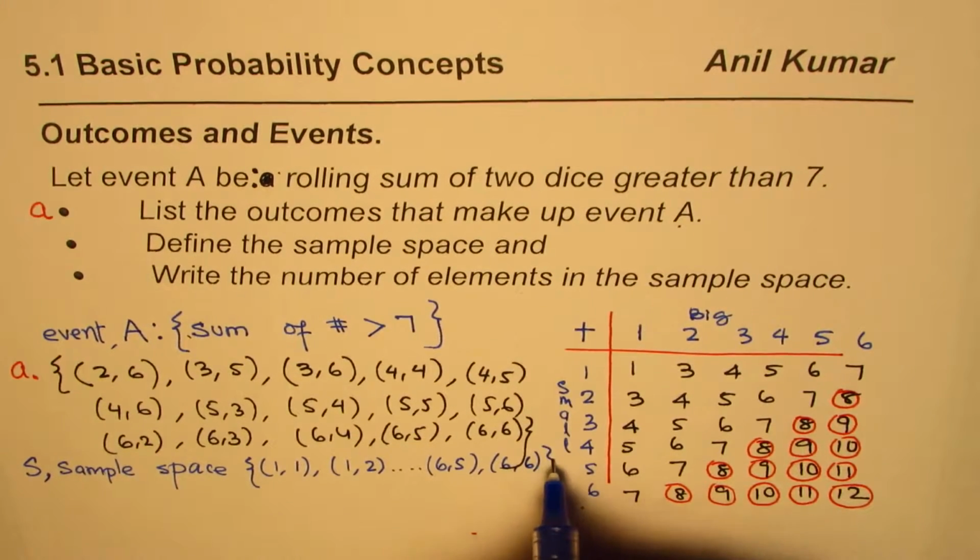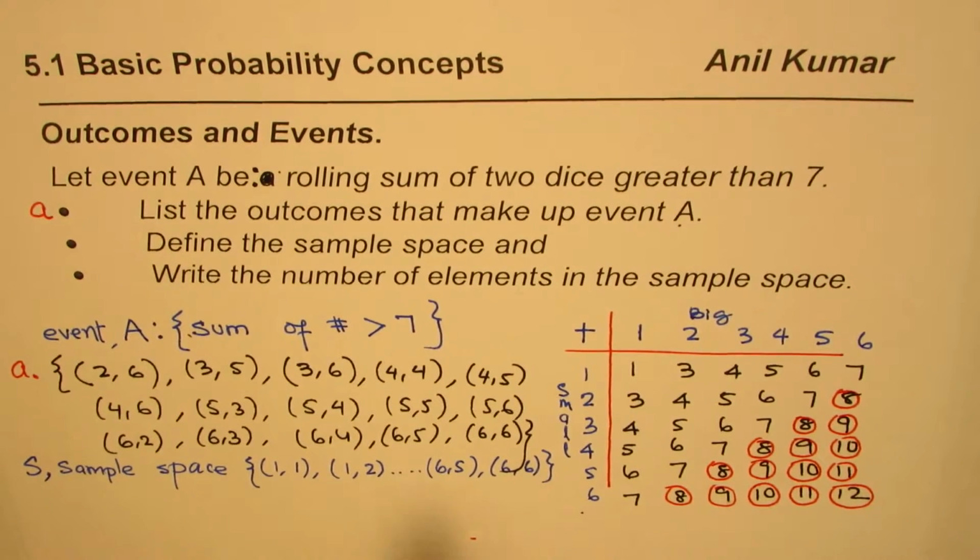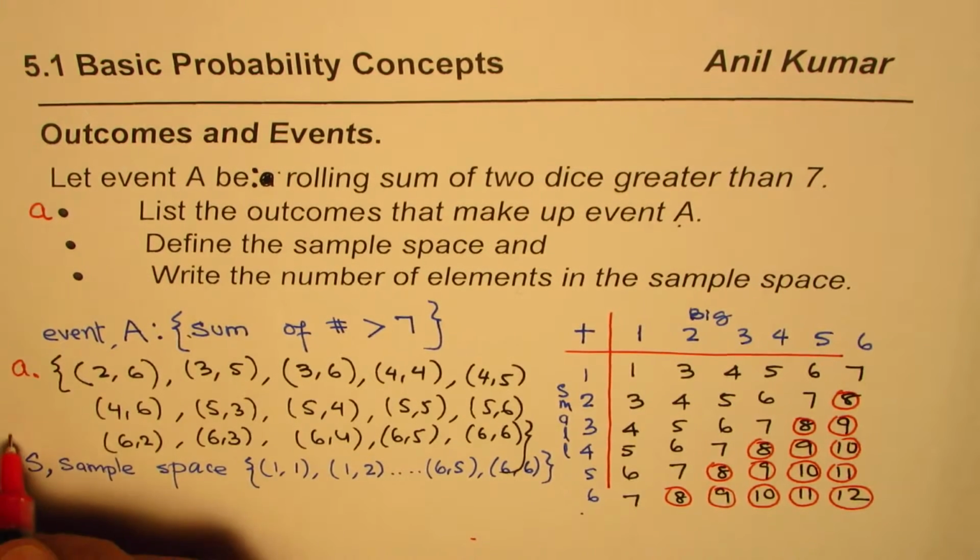So all 36 of them. That is the sample space which we have. All the event's outcomes will be out of this sample space. So you have to list all 36 of them, correct? That is part B for us.